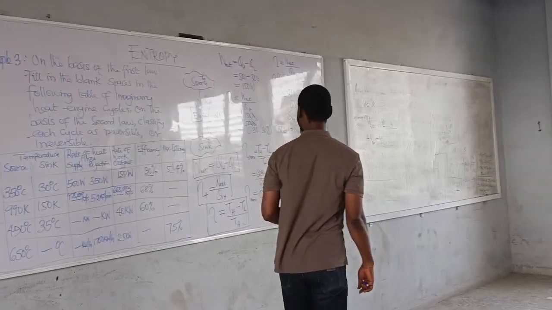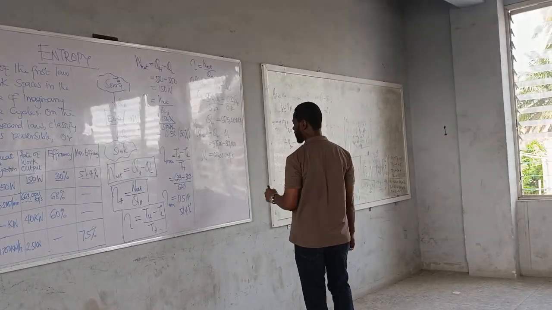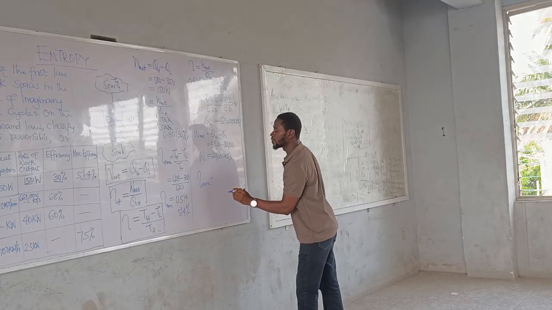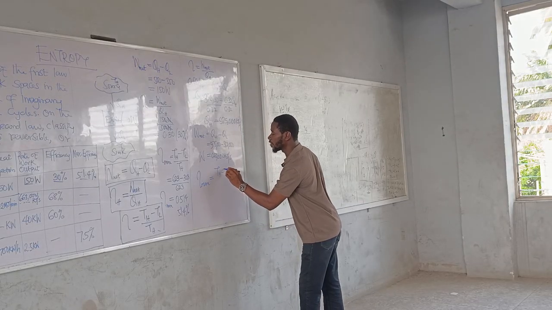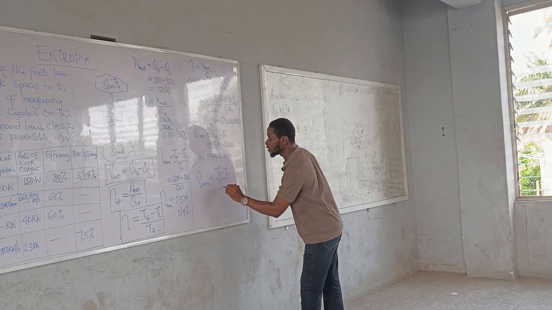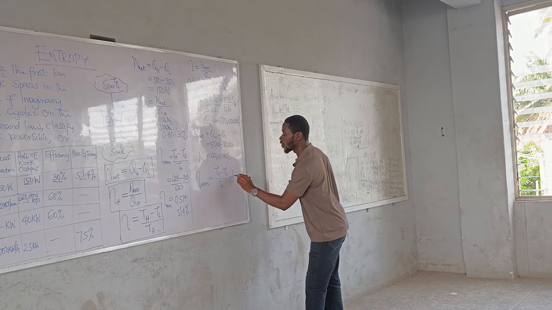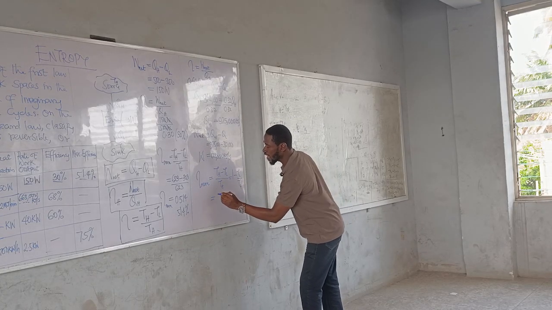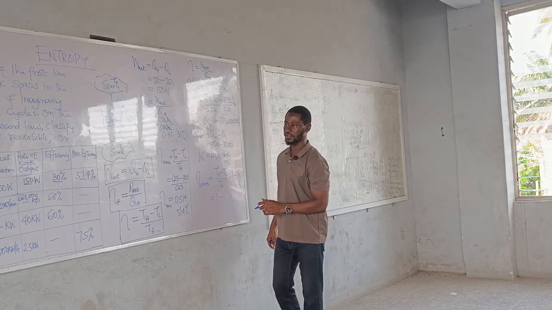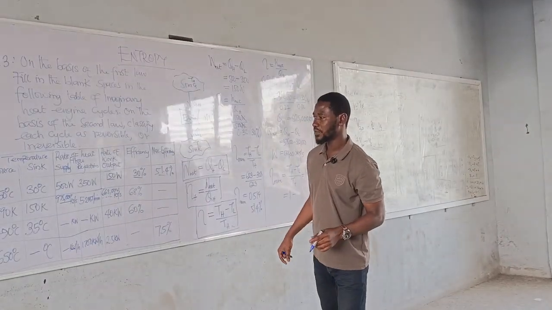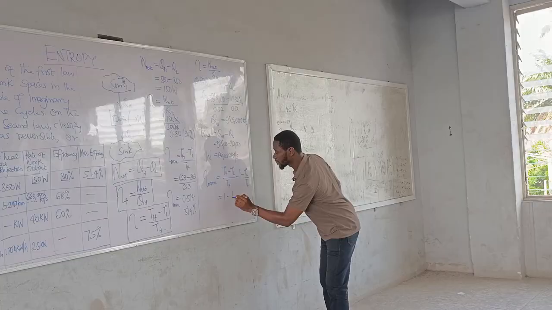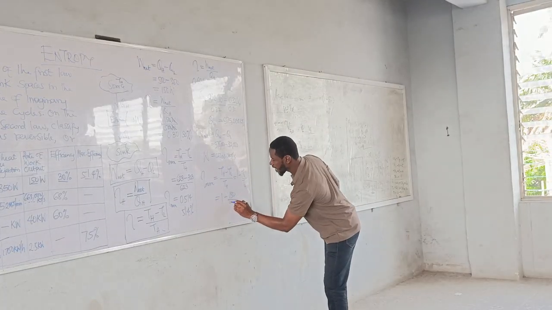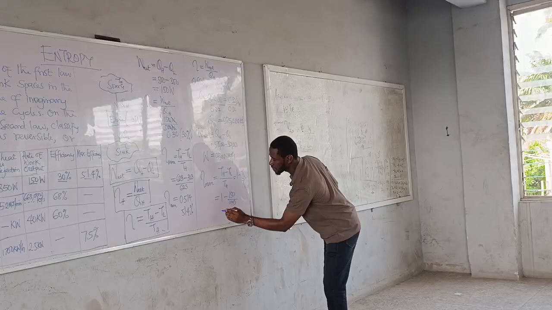So the maximum efficiency in this case becomes TH minus TL over TH, which is the same thing as 1 minus TL over TH. So we have 1 minus TL, which is 150, divided by 990.